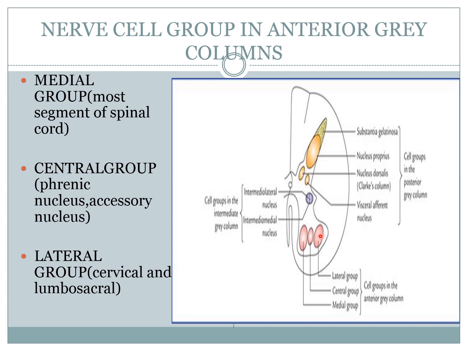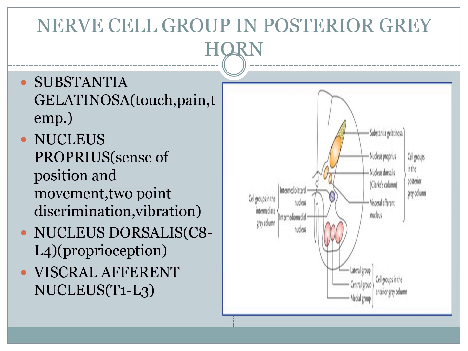So in the anterior horn, we have three cell groups: medial, central, and lateral. Then the nerve cell groups in the posterior gray horn. There are four groups of nerve cells in the posterior gray horn. The first one is the substantia gelatinosa.